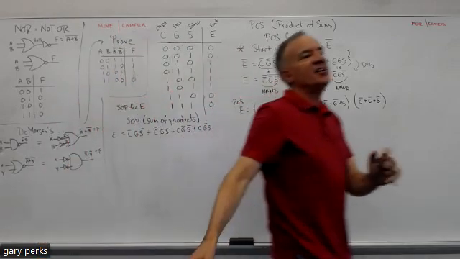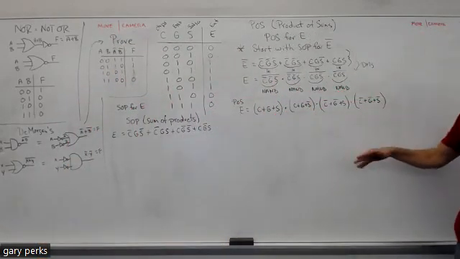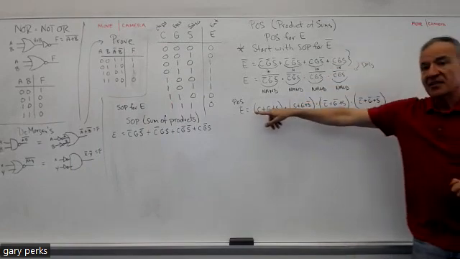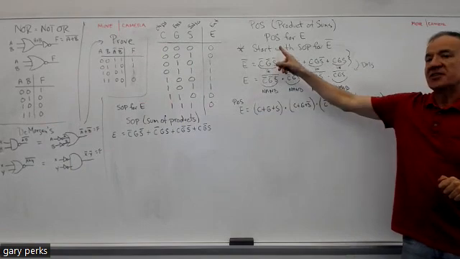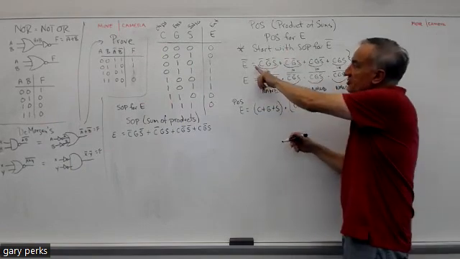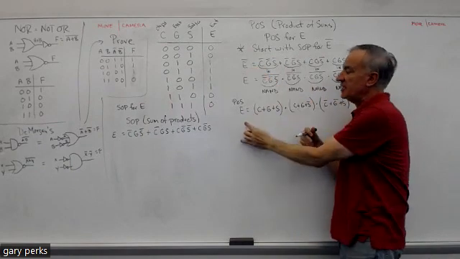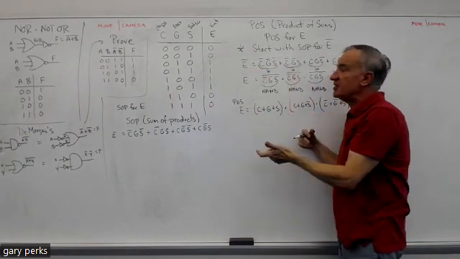Okay, so I show you the derivation here in class just so you don't think it's magic that, to get one of these, you have to start with the opposite. That's the reason you have to start with the SOP for not E to get POS for E, because everything inverts.